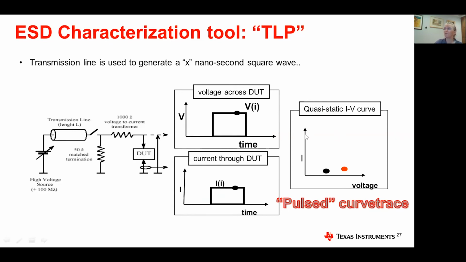We redo the pulse again, extract another, and continue until we've reached the destruction point of the device. With enough points, you can join them together and say, this is what our quasi-static IV curve is like. So it's like a pulsed curve tracer. And this is really the foundation of a lot of the ESD design work.